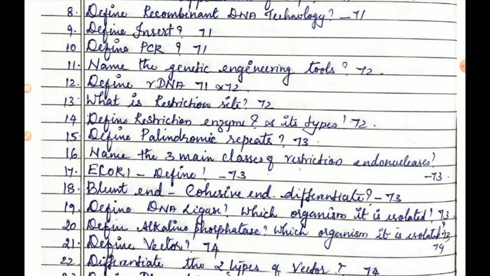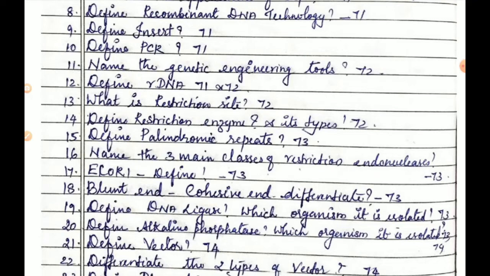Then in the right side, E. coli. E. coli is from Escherichia coli, strain RY13, and the first endonuclease 1 to be discovered. Close the bracket. Next question, 17th question: E. coli define. Page number 73, right side.